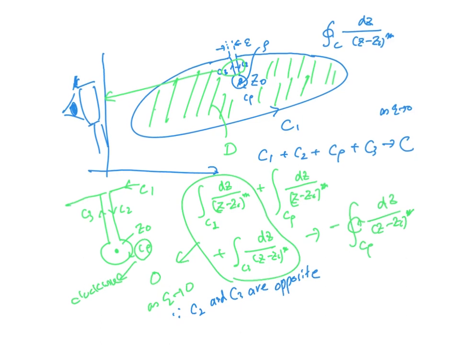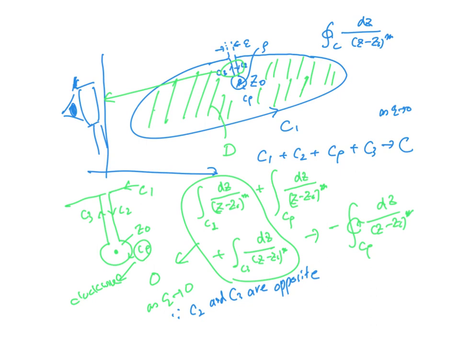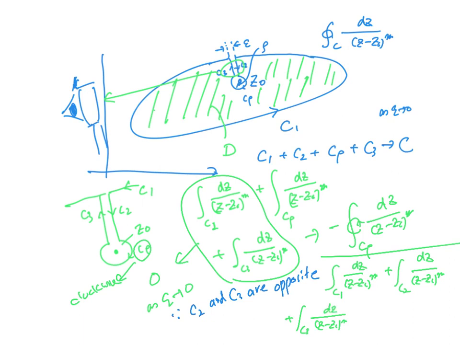So that means we have C1, C2, C3, C0 as a closed integral, but it doesn't include this point.